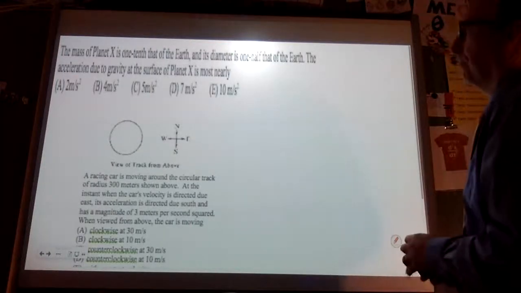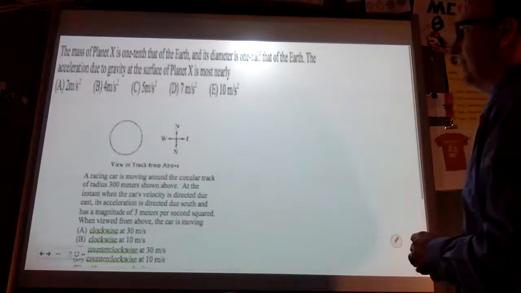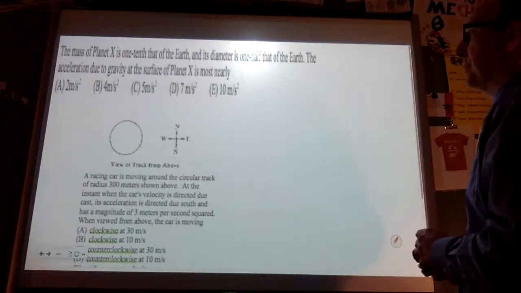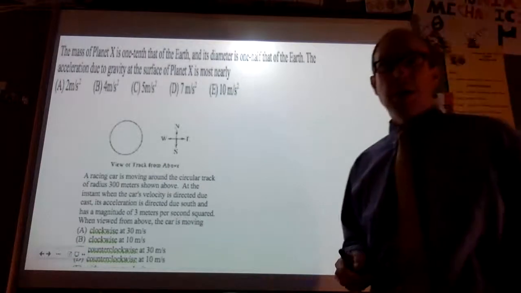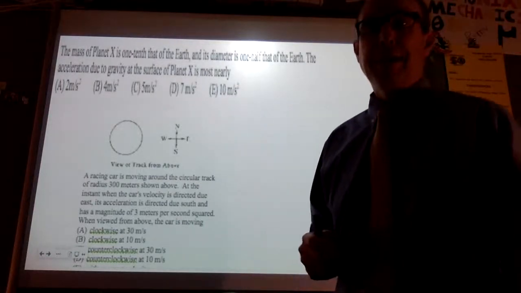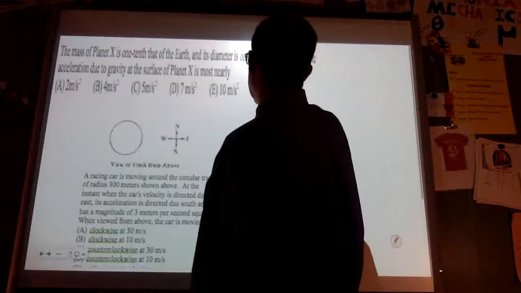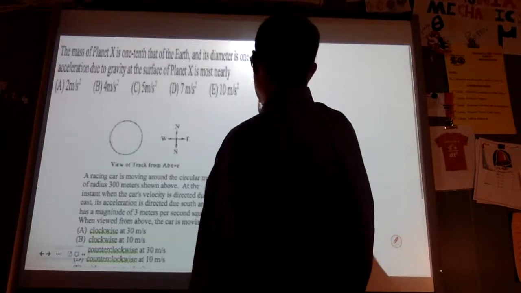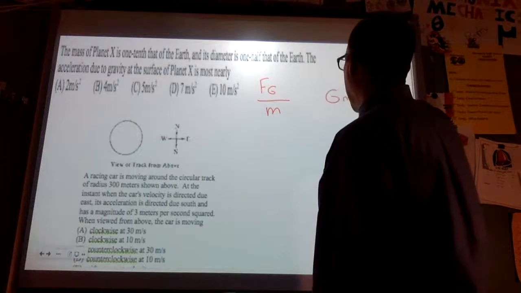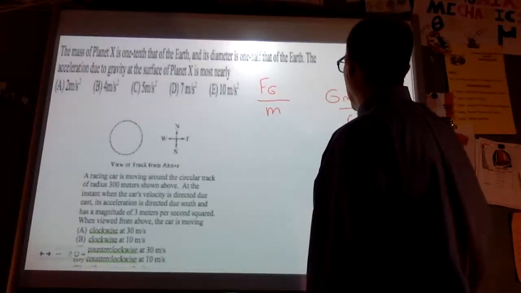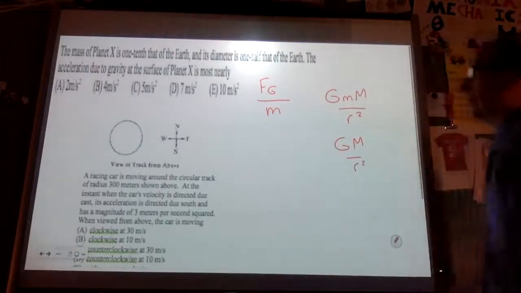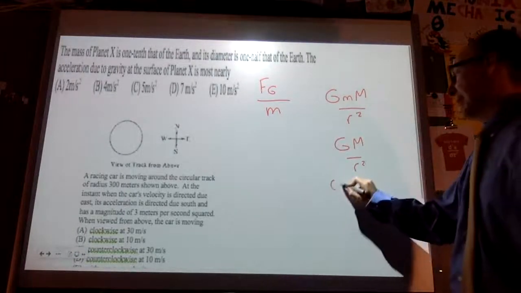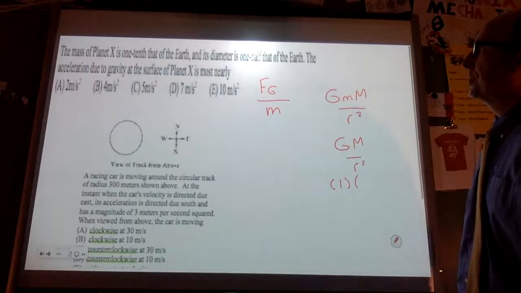A planet X has a mass 1/10 that of the Earth, and its diameter is 1/2 that of the Earth. The acceleration due to gravity on the surface of planet X is most nearly. Acceleration due to gravity is the force of gravity divided by mass. So where I had GMm over R squared, I'm just going to have GM over R squared. The universal constant's not going to change.